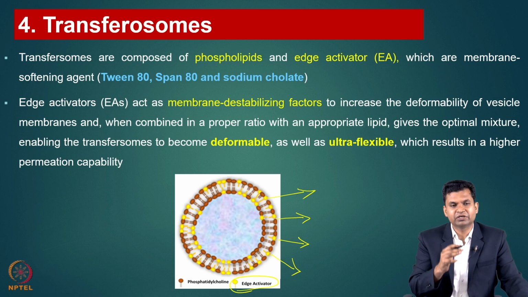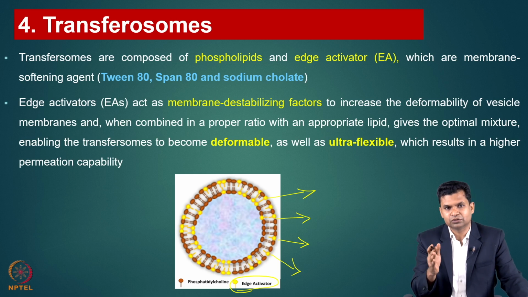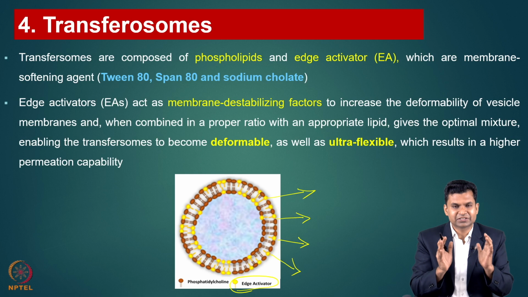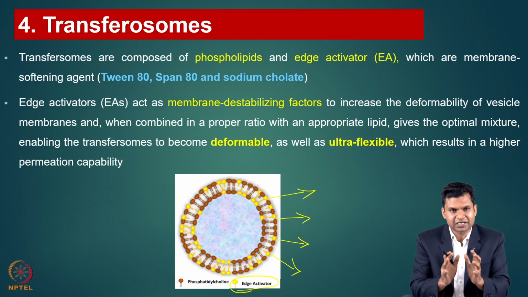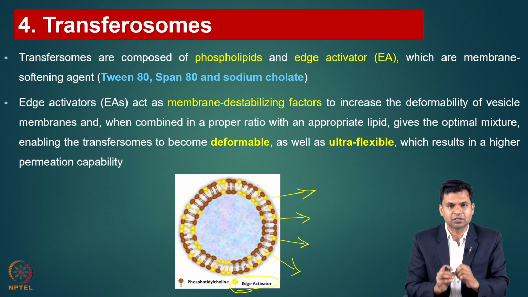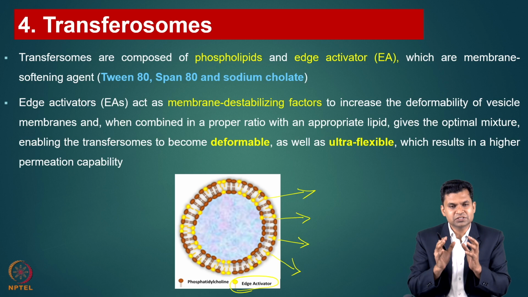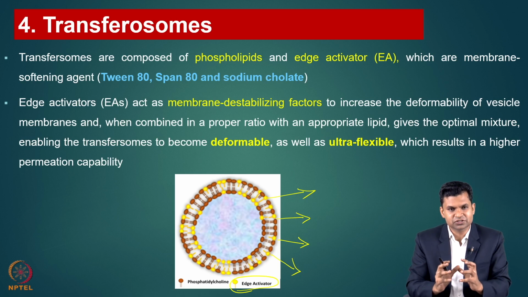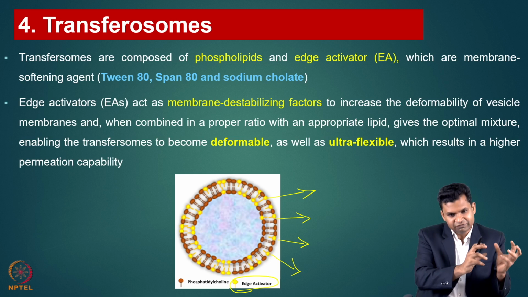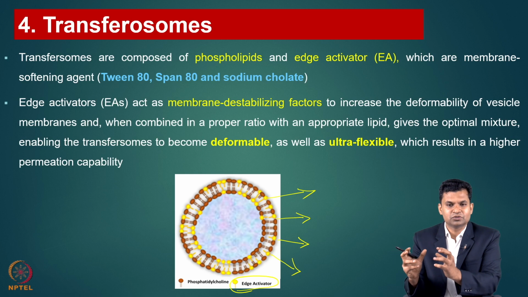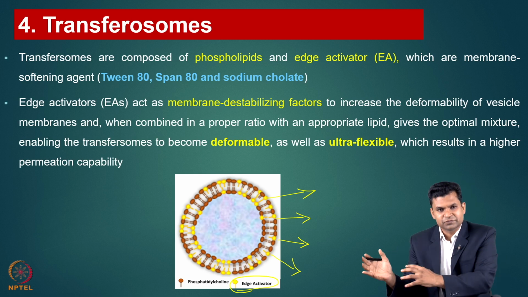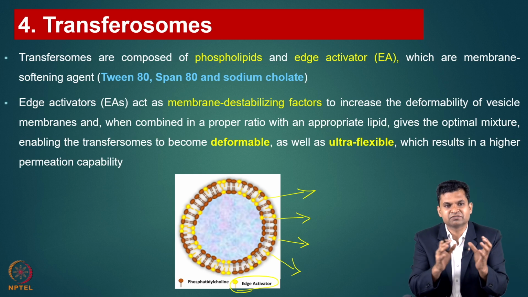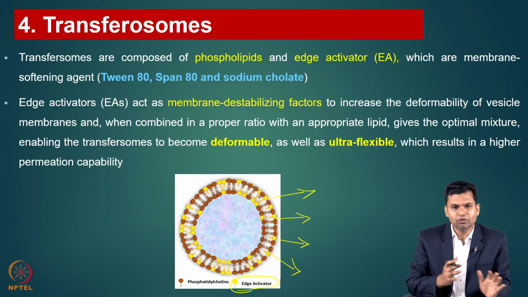We can divide the word transferosomes into two words. One is transfer, which means to carry something, and somes means body. So, these are the structures, the carrier systems, which carry molecules from one place to another site, and they are called transferosomes.